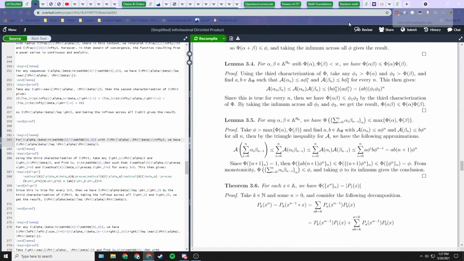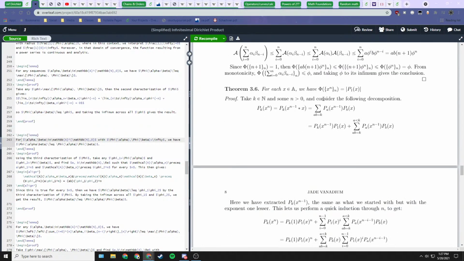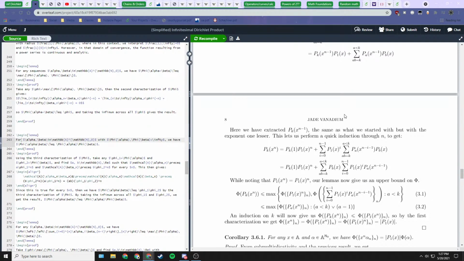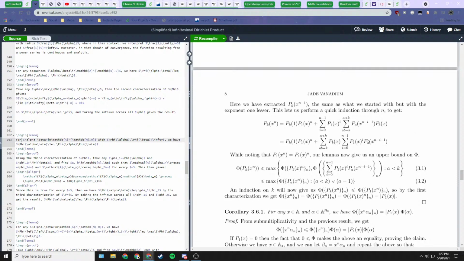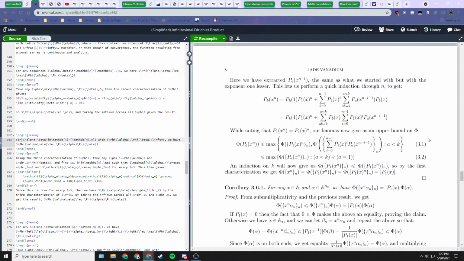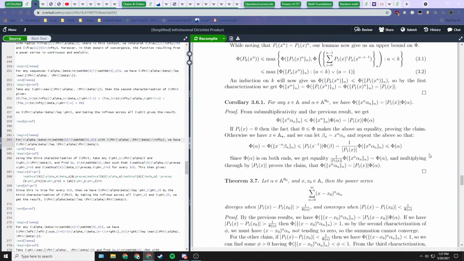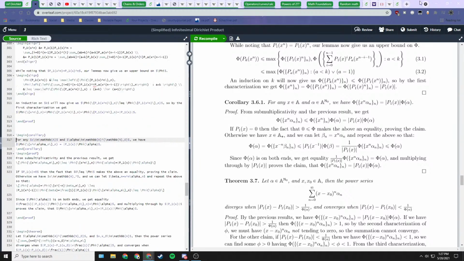And down here, we also use the product term, I think. Actually, no, we don't. We only use this summation term in this particular context. So actually it's fine here as well. So this is okay. This survives. Here, this one does need to be updated. So in the case that phi of alpha is infinite, so we'll just add that.